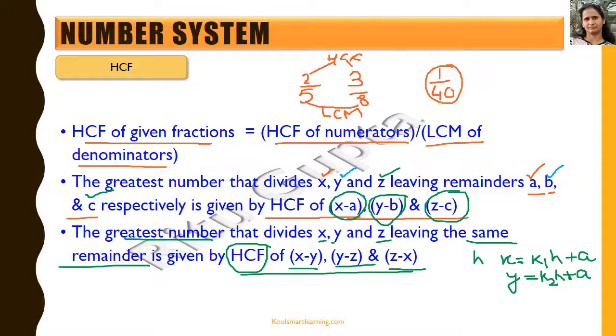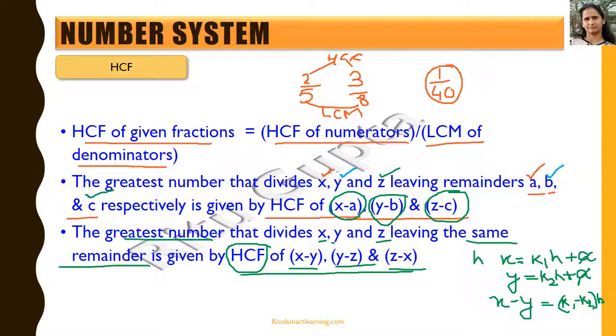So now if we subtract y from x, we get x minus y. The remainders cancel out each other, and this is equal to k1 minus k2 whole multiplied by h. So this means that x minus y will be completely divisible by h. Similarly, y minus z and z minus x will also be completely divisible by this greatest number h.